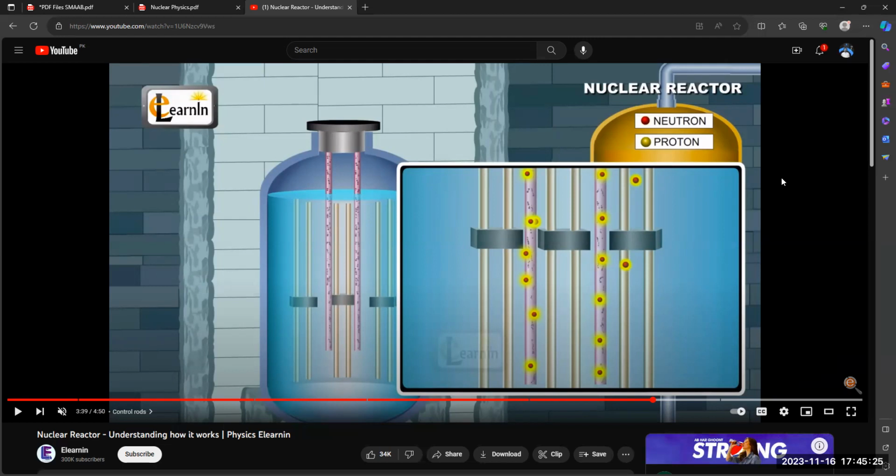But again the same problem: they were not able to control the very high amount of thermal energy or the fission reaction, because they immersed multiple rods at a single time to speed up the reaction and get results quickly. They were not able to control the reaction at that time, and that exploded the whole nuclear reactor, and the radiation was released into the atmosphere, which completely ruined their whole nuclear power plant.